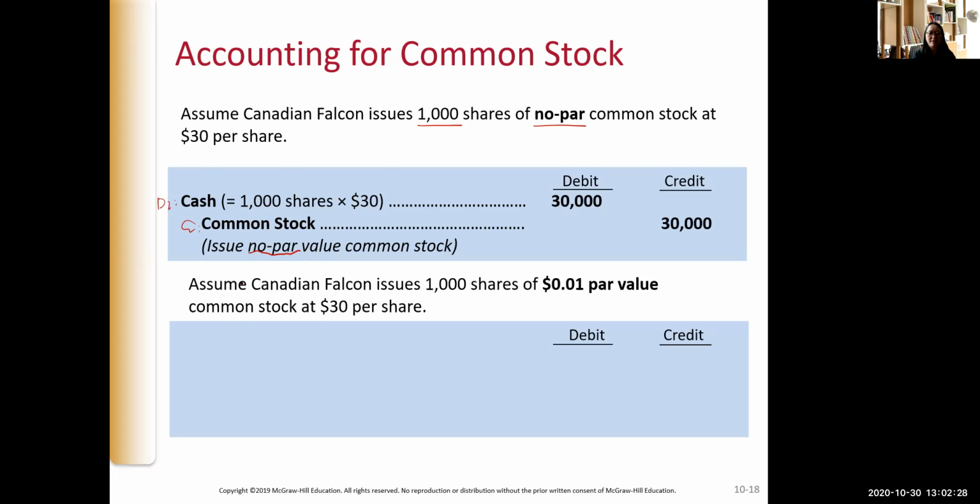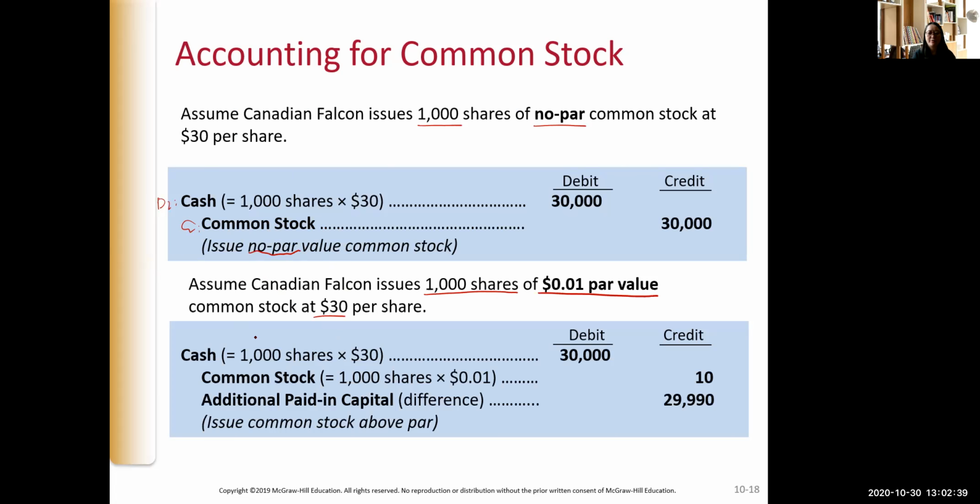And assume that Canadian Falcon instead issues 1,000 shares with a par value of one cent per share at $30. Then your journal entry will be a debit to cash and a credit to common stock, using 1,000 shares multiplied by the par value.